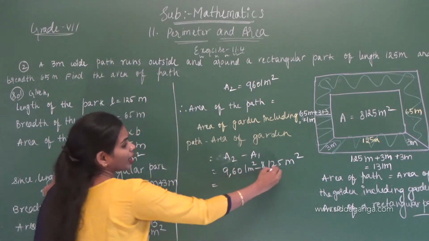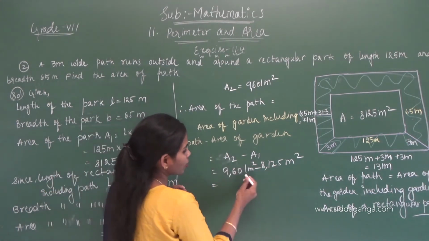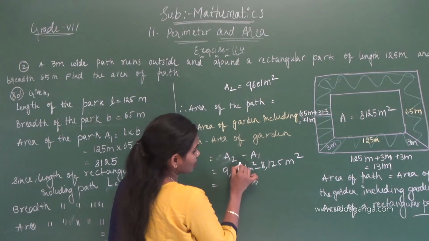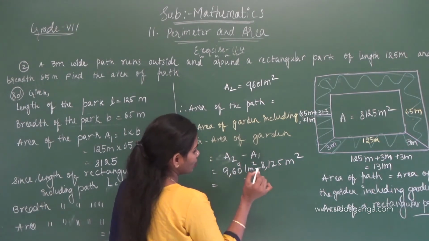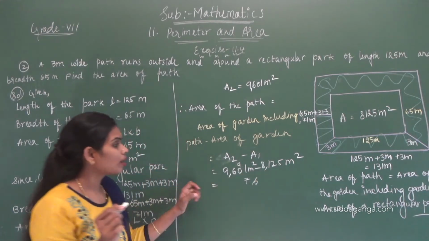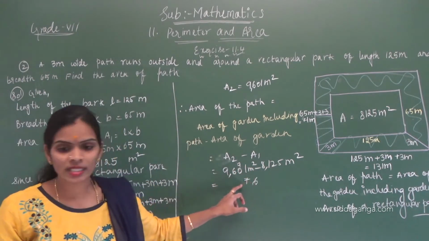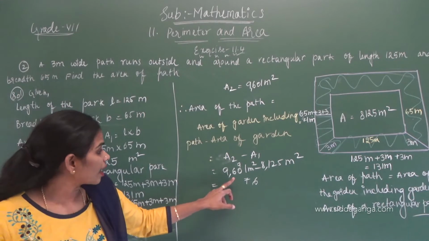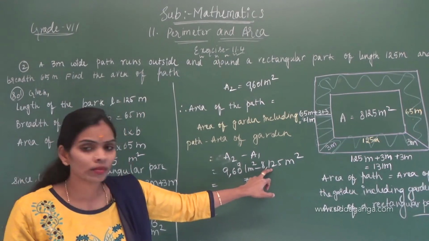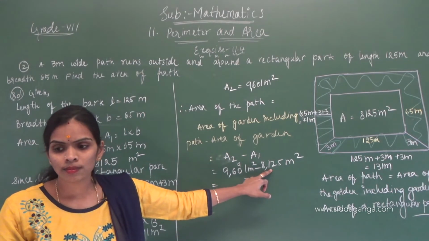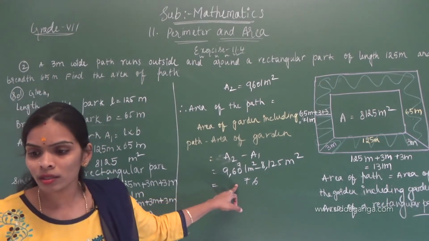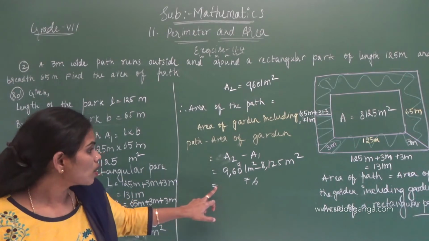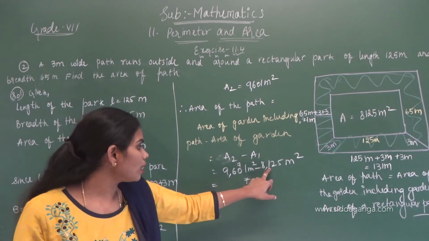If you take the difference between these two: 11 minus 5 is 6, 9 minus 2 is 7, 6 minus 1 is 5.